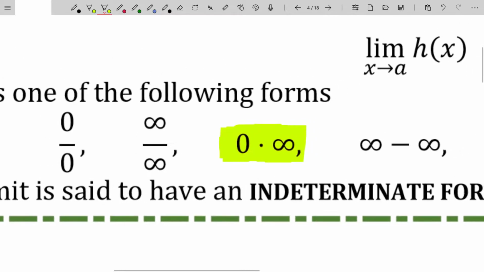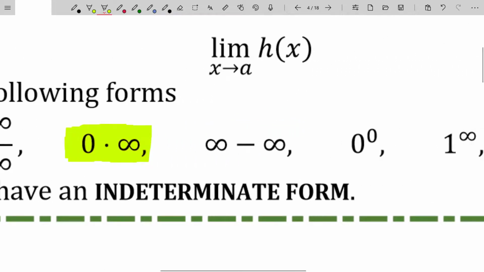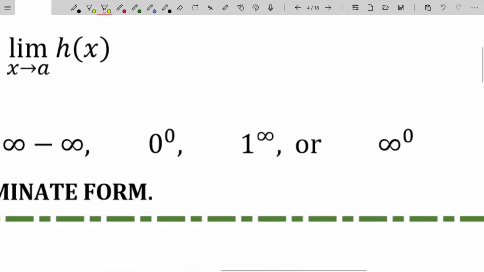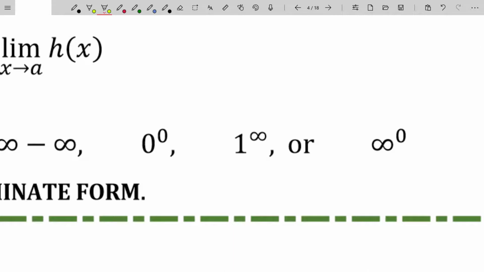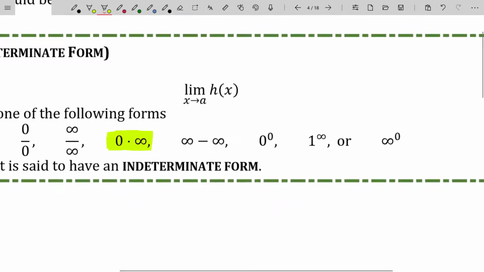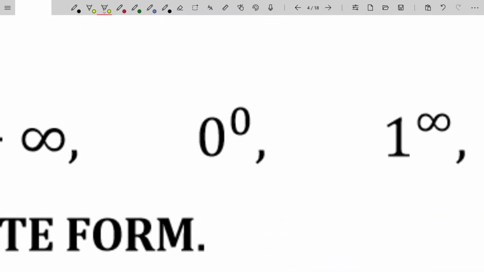Another indeterminate form is infinity minus infinity, and then 0 to the 0th, 1 to the infinite, or infinity to the 0th. All of these, if they're within limits, are very difficult to determine their values just by eyeballing it or just by looking at it. You have something approaching 0 raised to something approaching the 0th power.